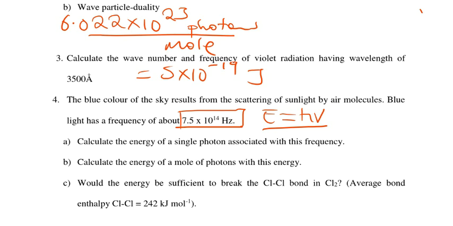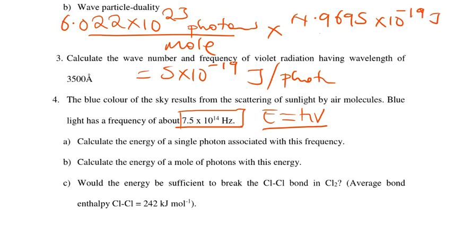Now I want to determine the energy. We know that this is joule per photon. So I'll use the actual value, the one that's not rounded off, 4.9695 times 10 to the power negative 19 joules per photon, which is our solution to the first part.